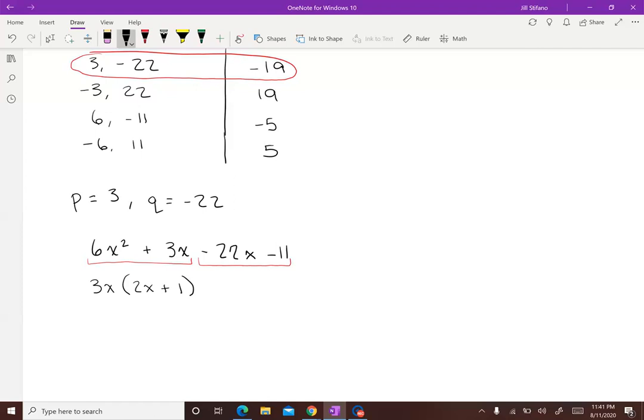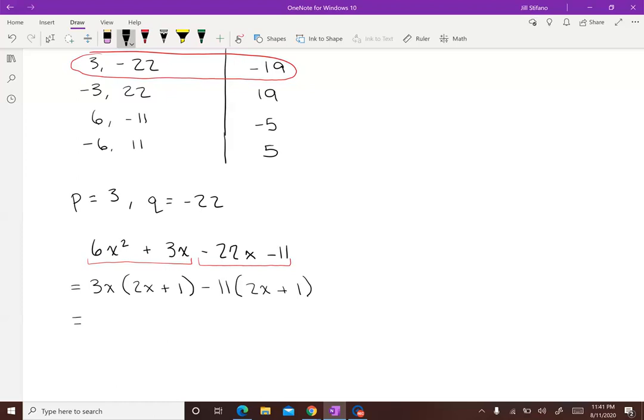Okay, and then the GCF of negative 22x and negative 11 is negative 11. And what are we left with? We're left with 2x plus 1. Great. So we rewrote our polynomial, and then we factored the GCF out of the first two terms and then the last two terms.